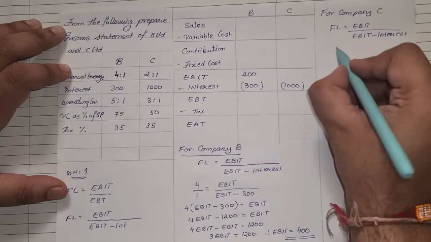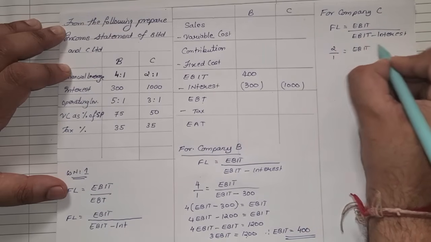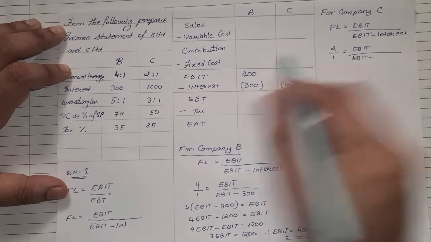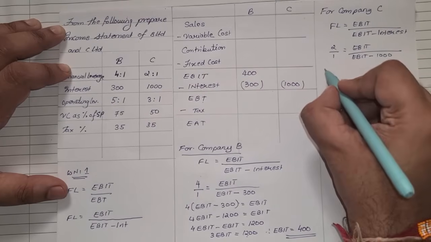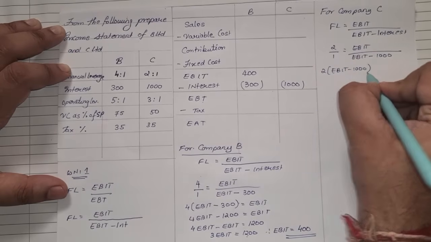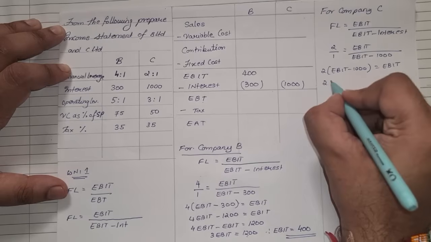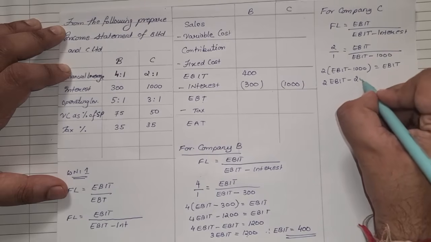Financial leverage given for company C is 2:1, equal to EBIT upon EBIT minus interest. Interest for the second company is 1000. I will cross multiply, so I get 2 into EBIT minus 1000 is equal to 1 into EBIT, which is 1 EBIT. So finally it will be 2 EBIT minus 2 into 1000, which is 2000.